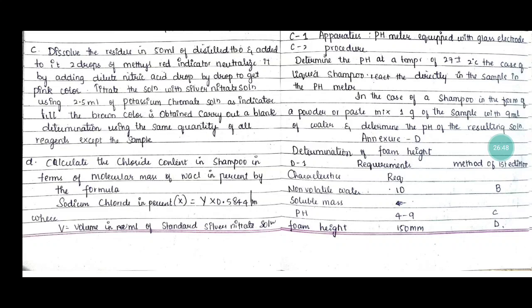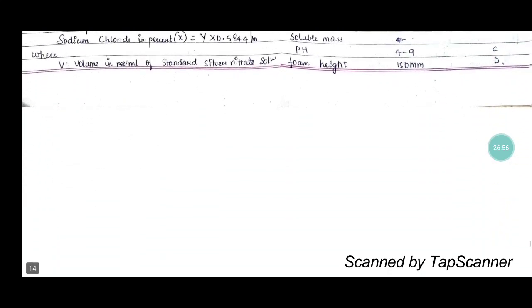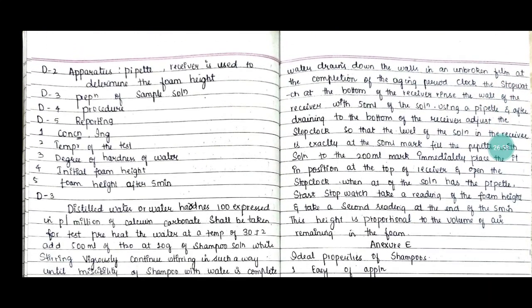Requirements and method: characteristics are non-volatile matter soluble, pH and foam height. D2 is the apparatus, like pipette and receiver, used to determine the foam height. D3 is preparation of sample solution. D4 procedure.